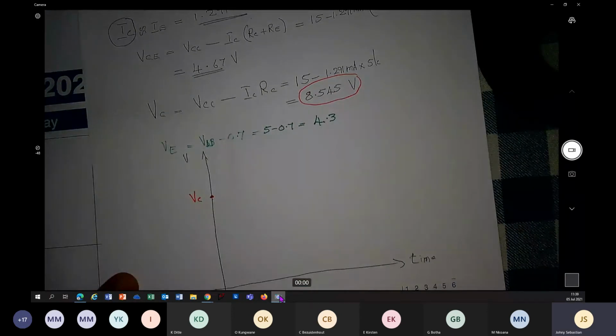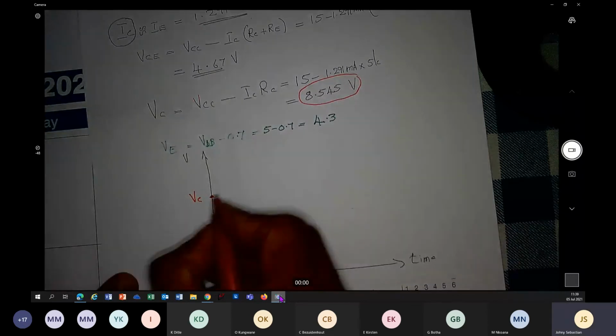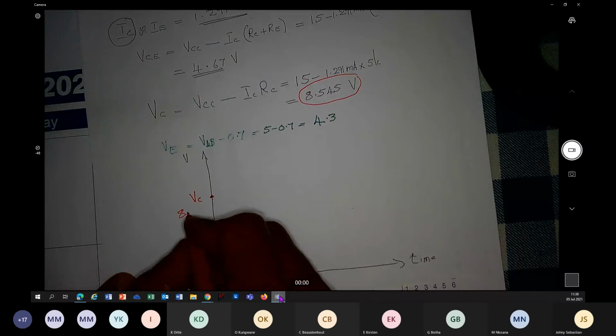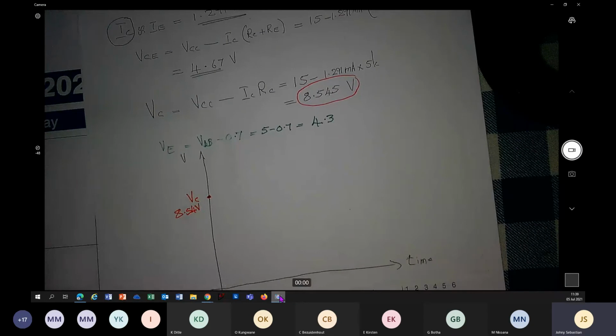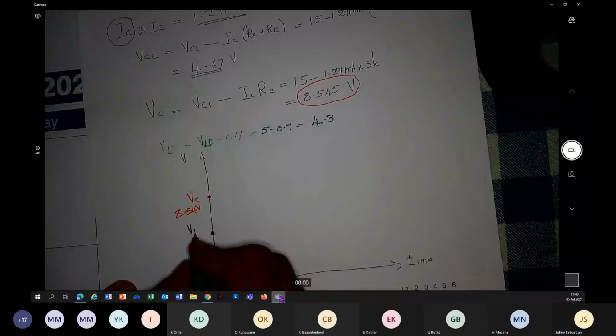Voltage at the collector was how much? 8.54 volt. What is the voltage at the emitter? Voltage at the emitter, let me mark it like this. 4.3 volt.